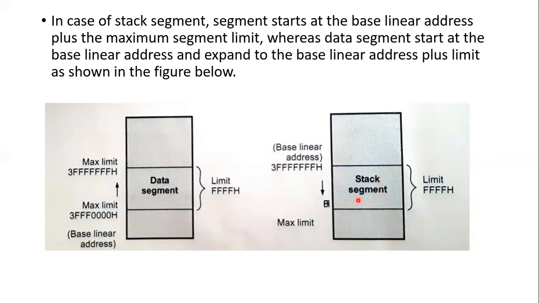When you talk about a stack segment, the base address is present at the top and your maximum limit is present at the bottom. So the segment starts at the base address plus the maximum segment limit, whereas your data segment will start at the base address and expand to the limit, as shown in the figure.